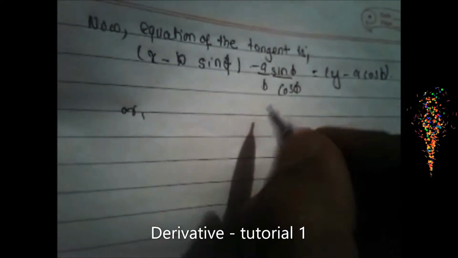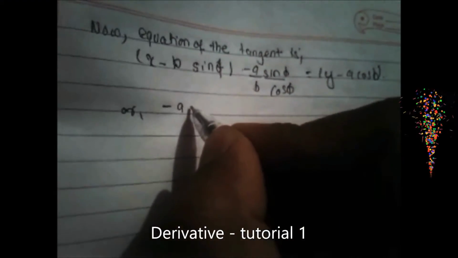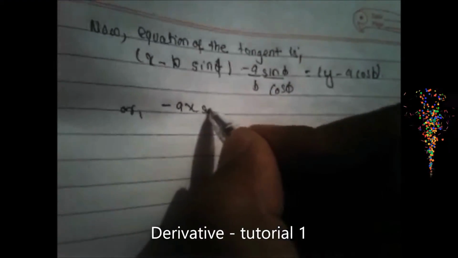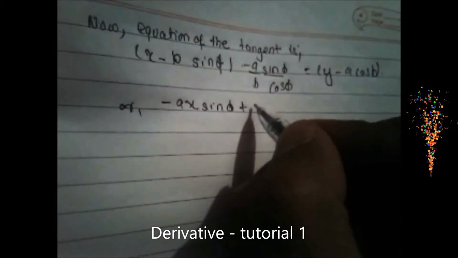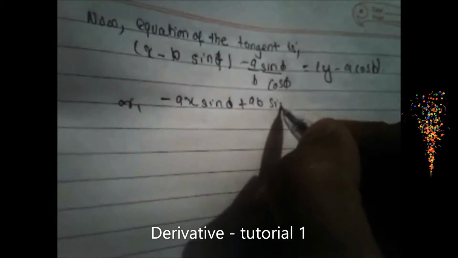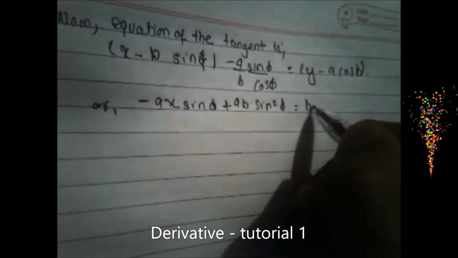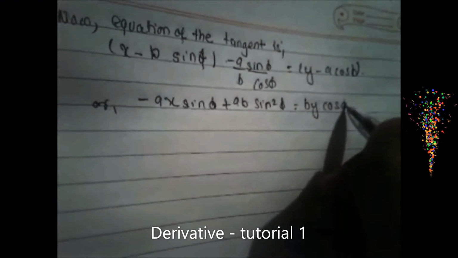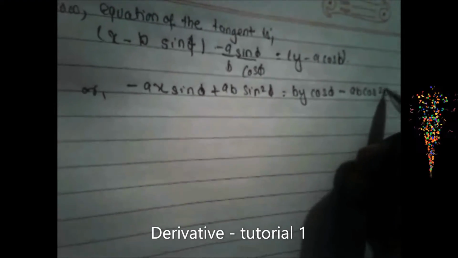Multiplying this out, we get minus a x sin phi plus ab sin square phi is equal to b y cos phi minus ab cos square phi.